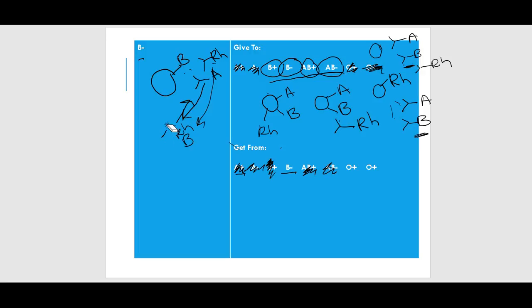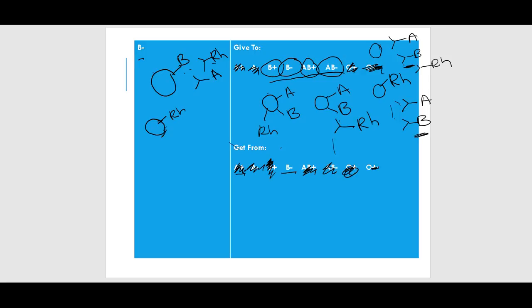Finally, let's look at O positive and O negative. O positive blood has only the Rh antigen present, but that would still be a problem. We have this Rh antibody here that would attack it. So no O positive.